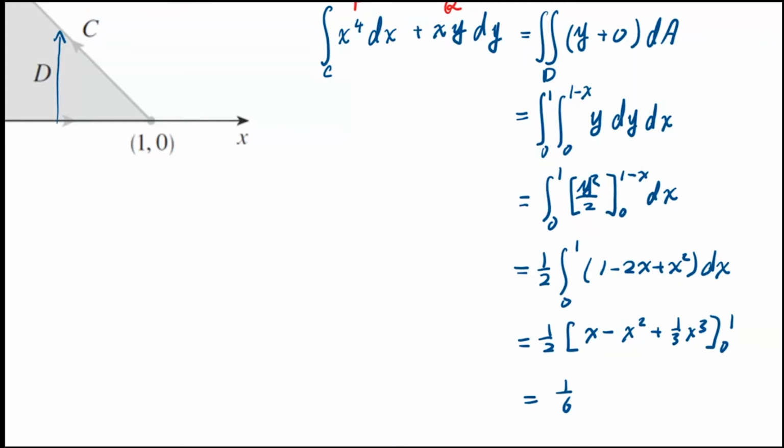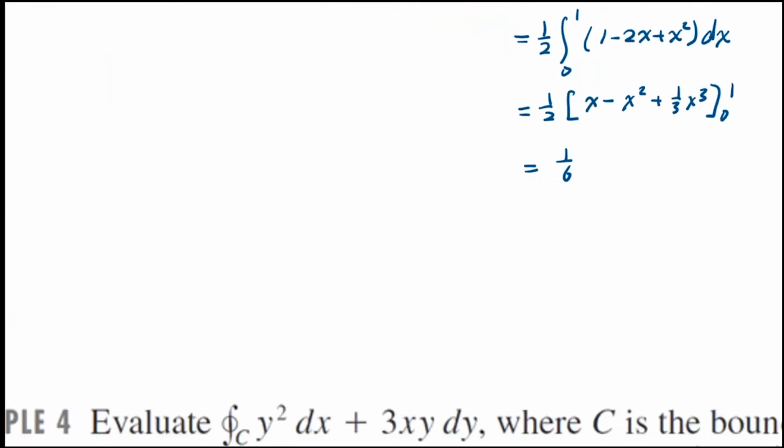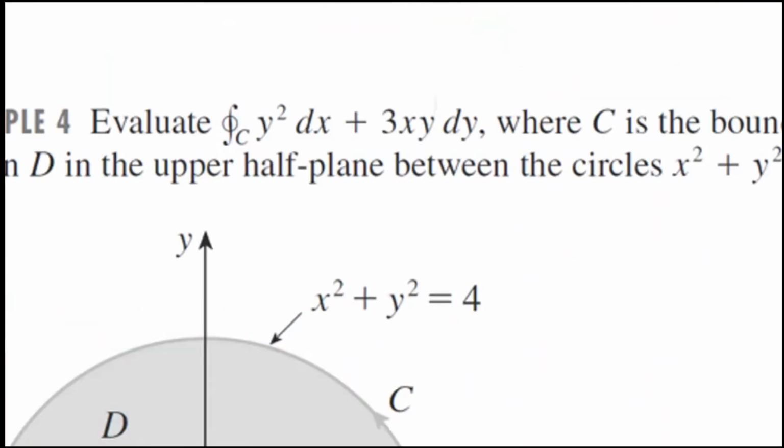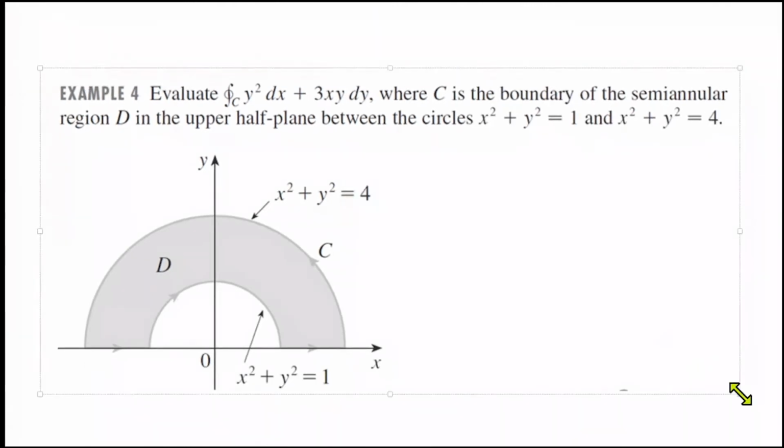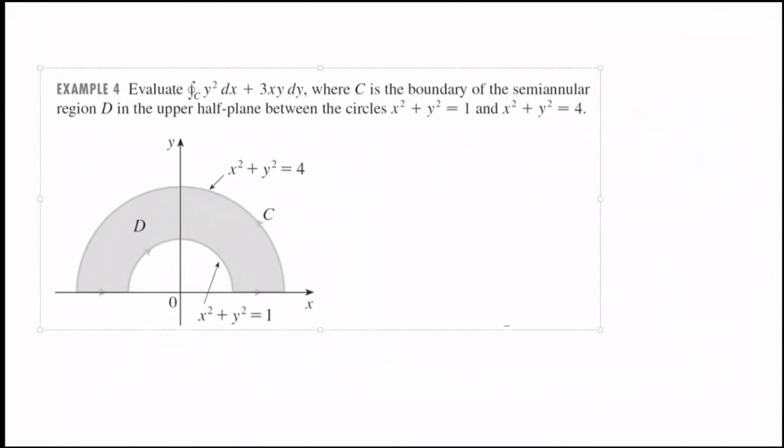You see how Green's theorem can be useful in evaluating a line integral. Any questions before I move on to the next example? Okay, we'll look at this example then. Wow, that's humongous. Wait, let me resize this a little bit. Okay.